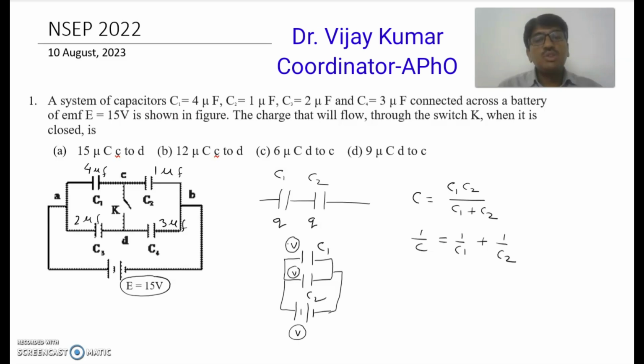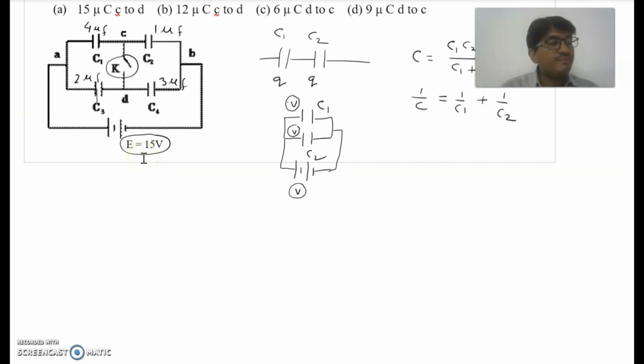If we close this key, then there are four options: 15 microcoulomb C to D, 12 microcoulomb C to D, 6 microcoulomb D to C, and 9 microcoulomb D to C. Now, if we close this key, the circuit becomes like this.